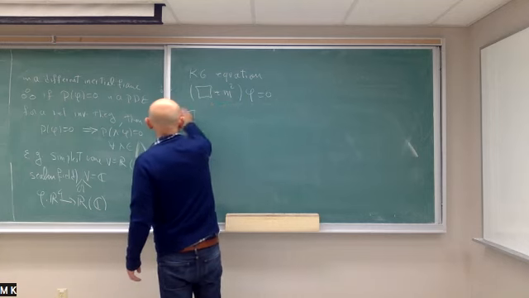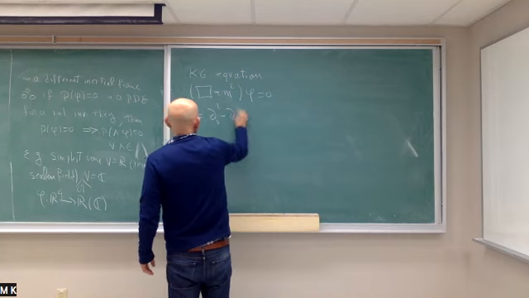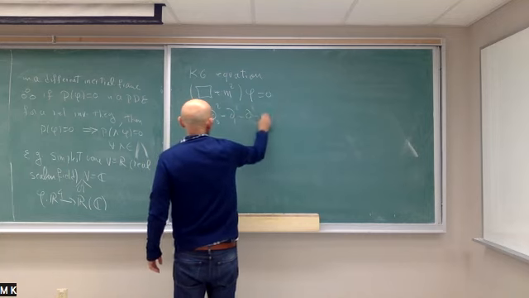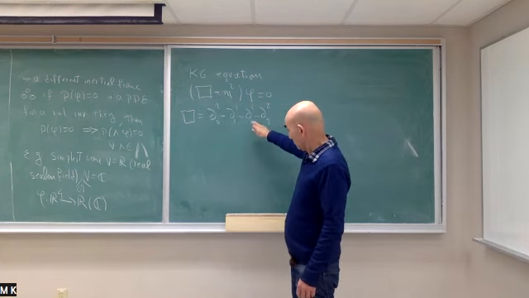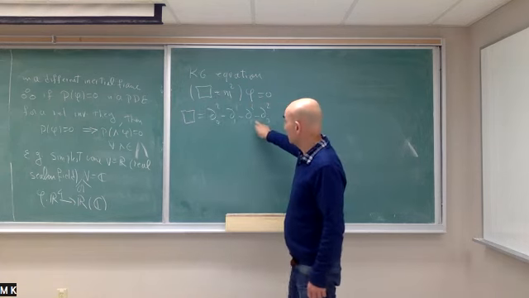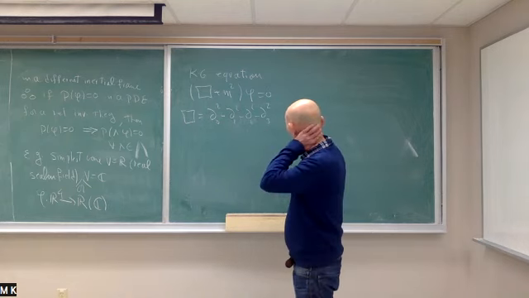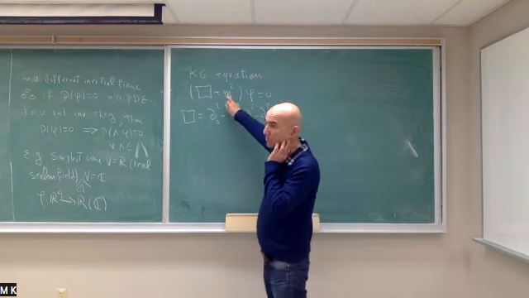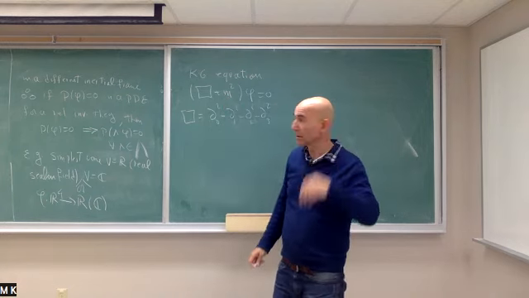This box is d0 squared minus d1 squared minus d2 squared minus d3 squared. This is the box, also called the D'Alembertian. And this m is called the mass of the field or particle.